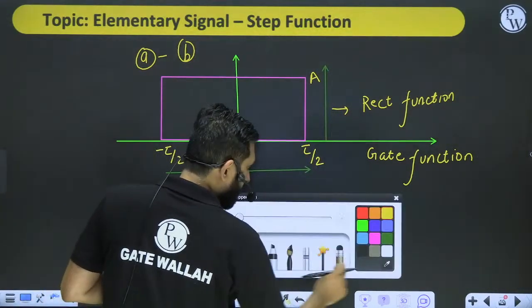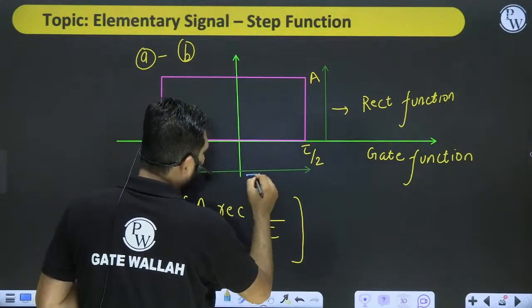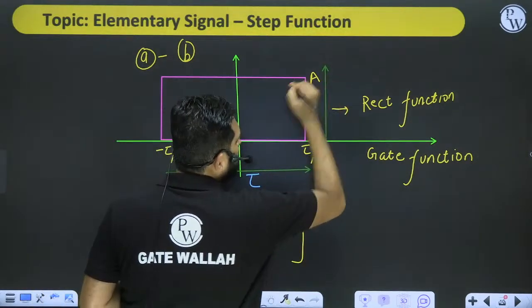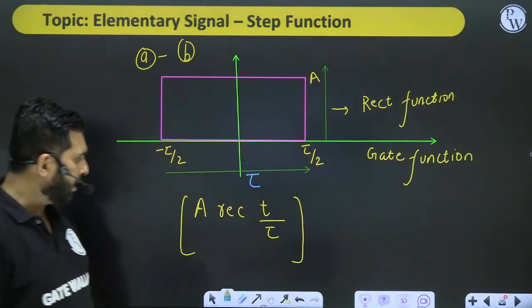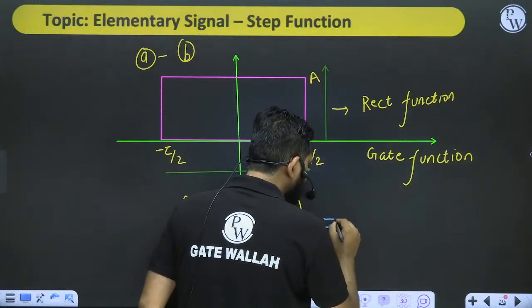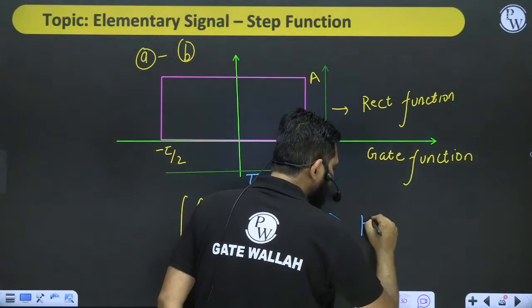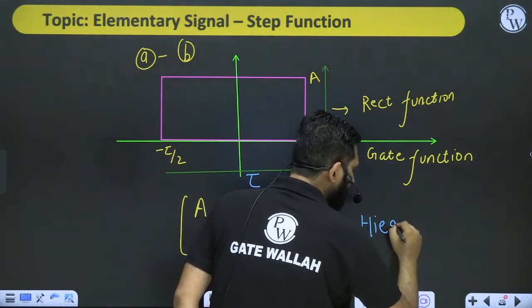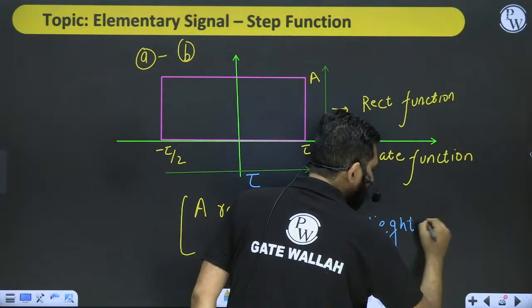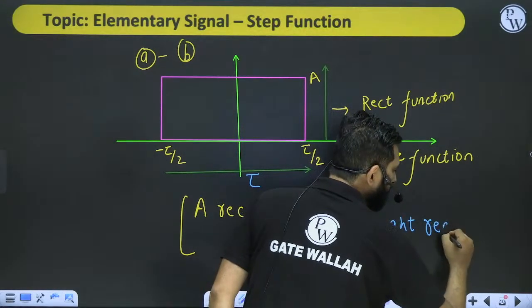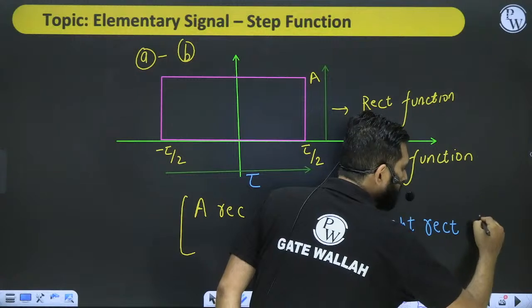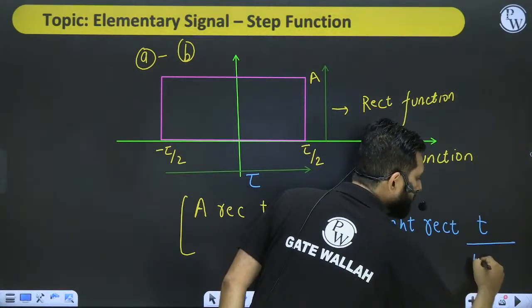So this is tau, and that is a. So you will write this as height times rect t by total width.